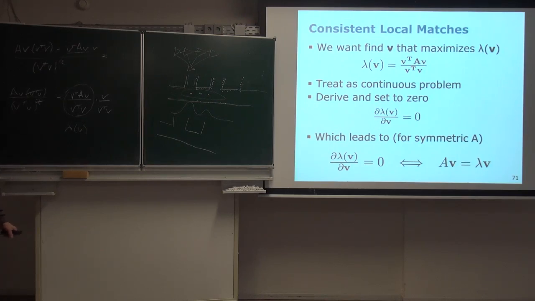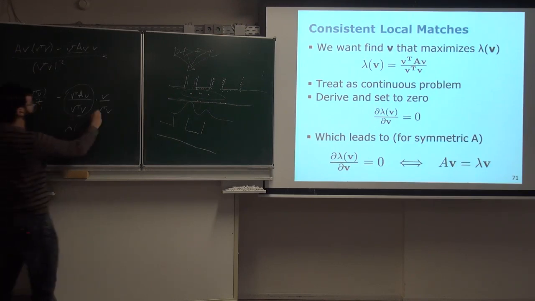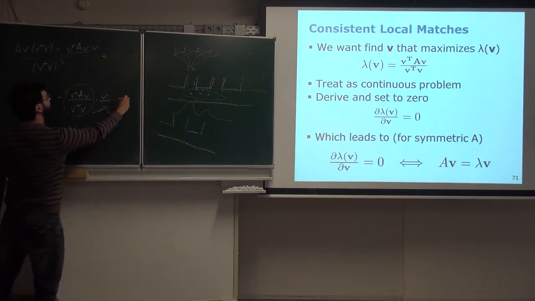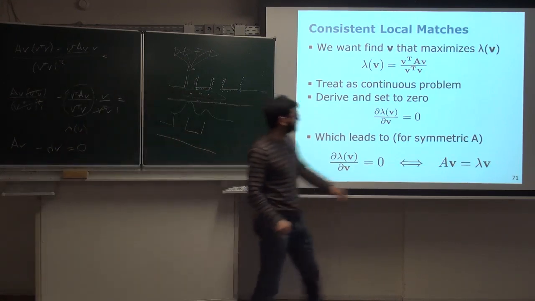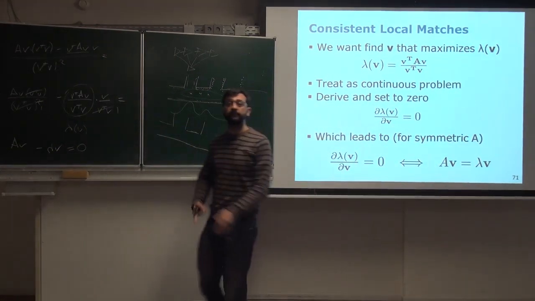We just look for the versor. So this is equal to 1, this is equal to 1, and this ends up in AV minus lambda V, which is what I wrote here. This must be equal to 0, and you just end up in the typical eigenvalue problem down there.